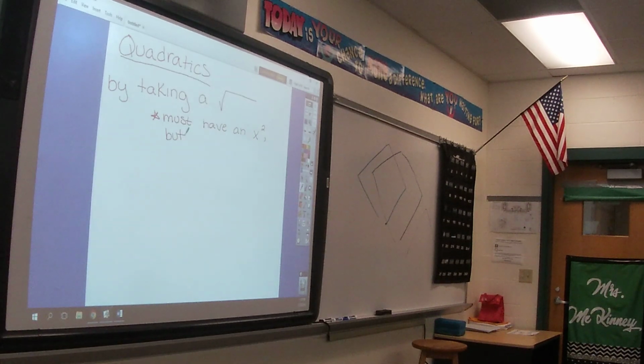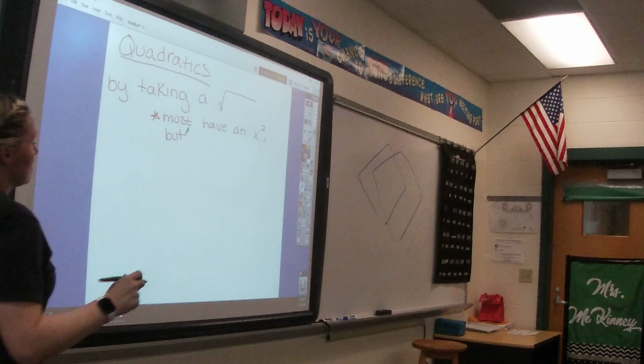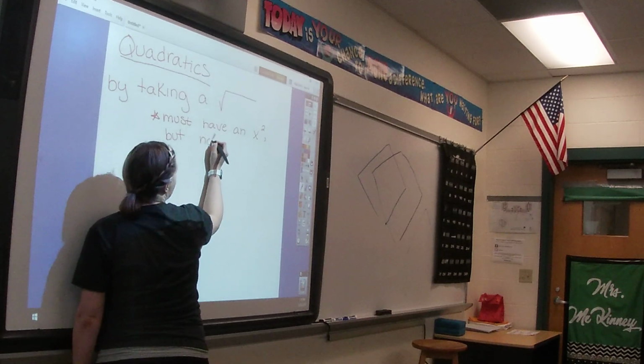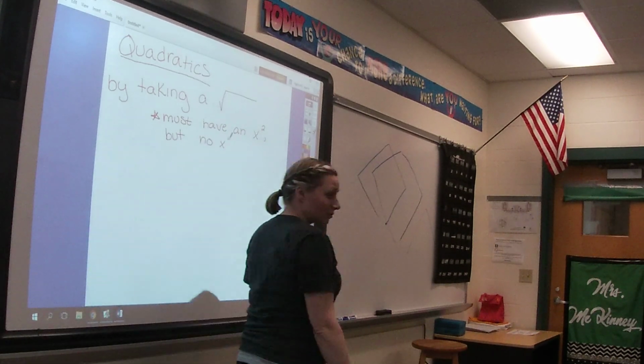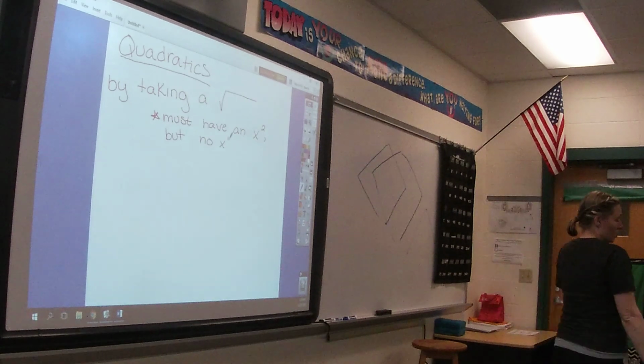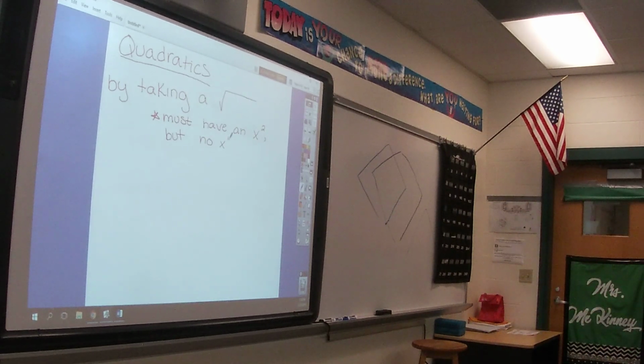They must have an exponent of 2, but no exponent of 1. So we can see an x squared, but we can't see an x. This is the only way to solve it. You have to solve it by taking a square root.